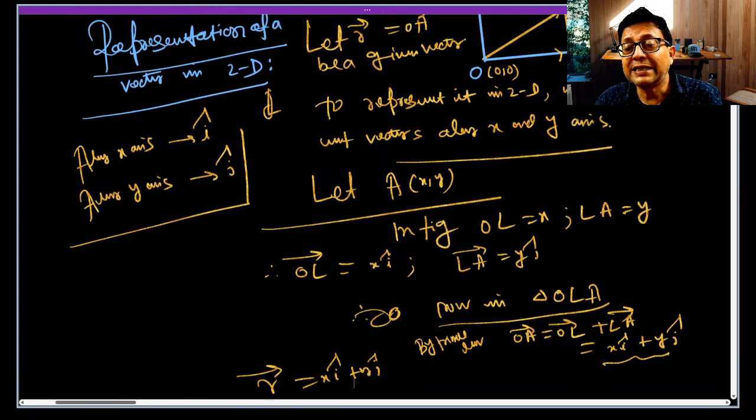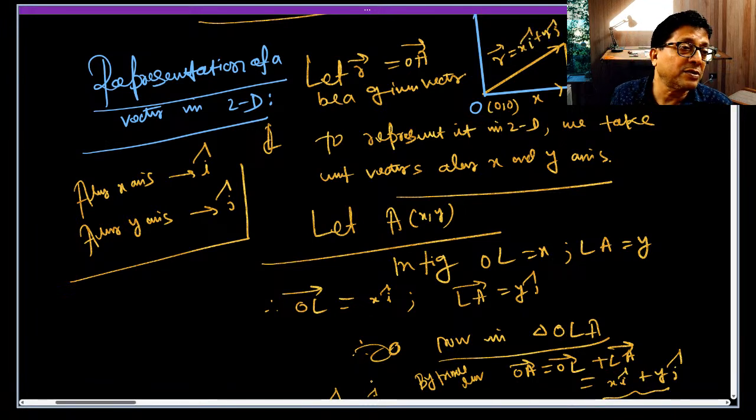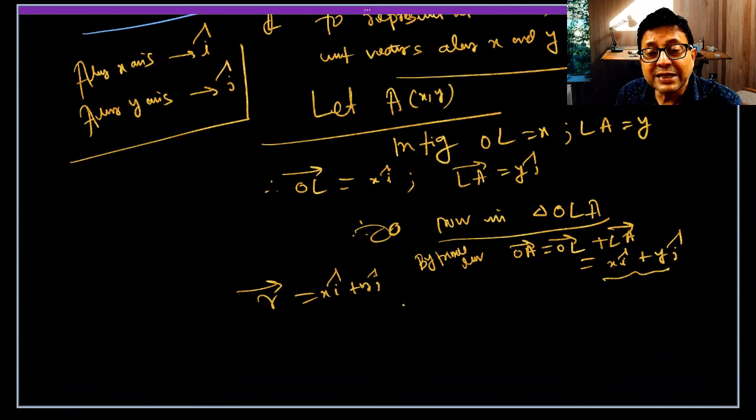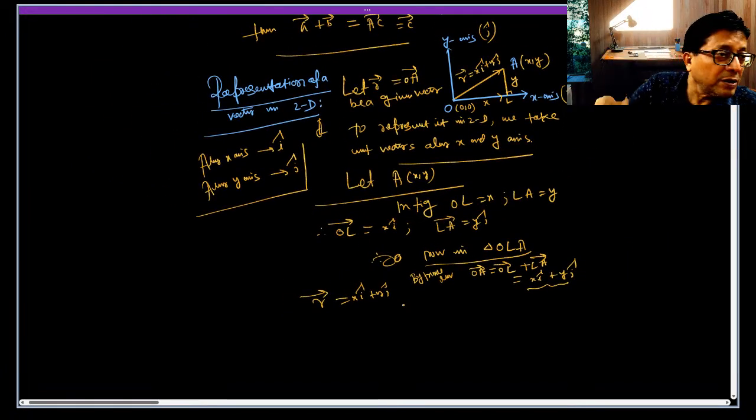This x is here, y is here, and the given vector is now x i plus y j. What x stands for? X, by now you can see the diagram. X is along x axis, y is along y axis.